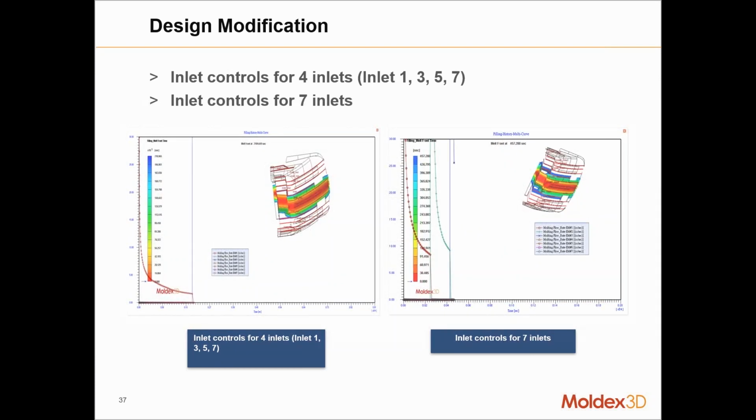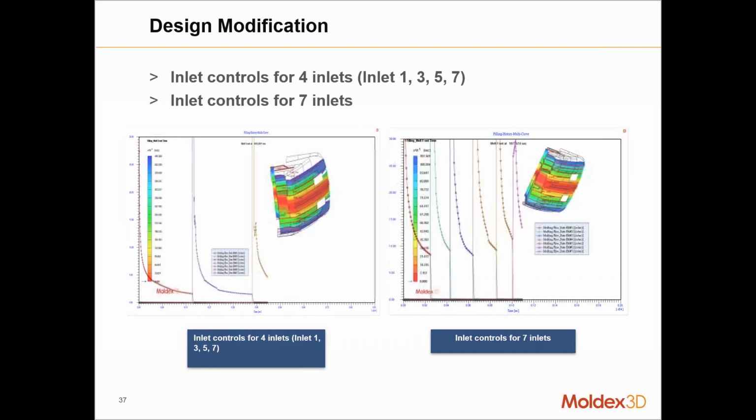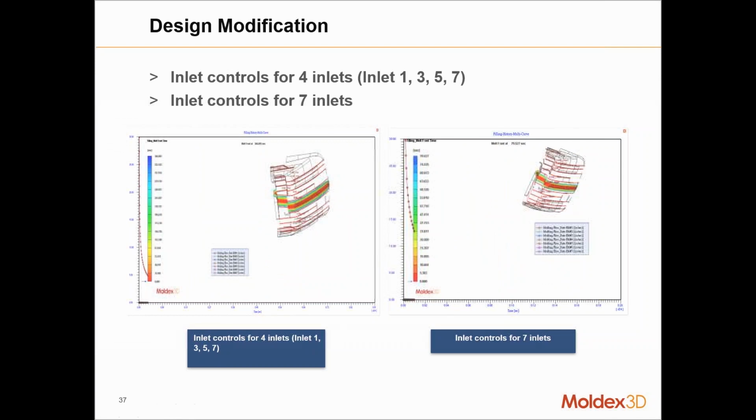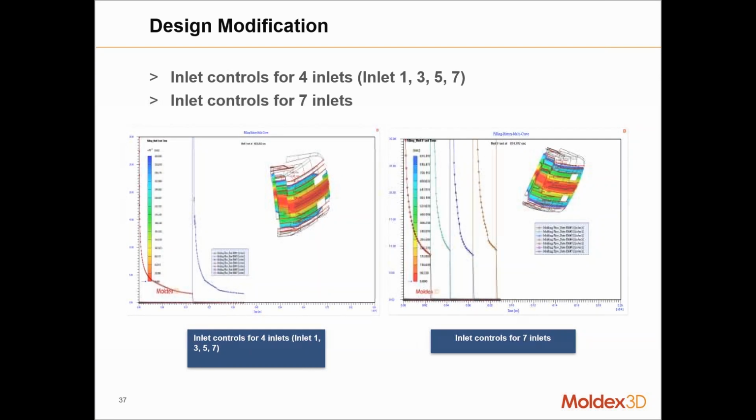So 7 feed points to this model. So what the graph is telling us is just kind of showing us the opening and closing of the feed of the material onto the mat.